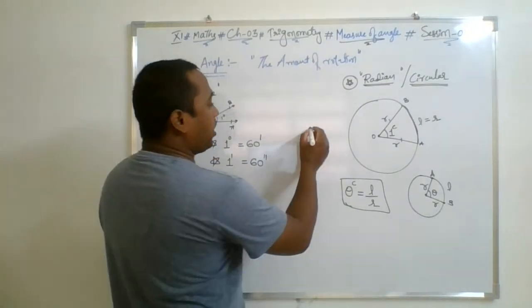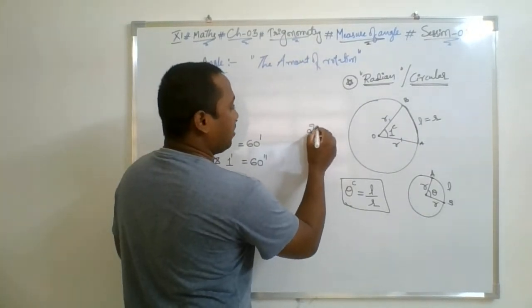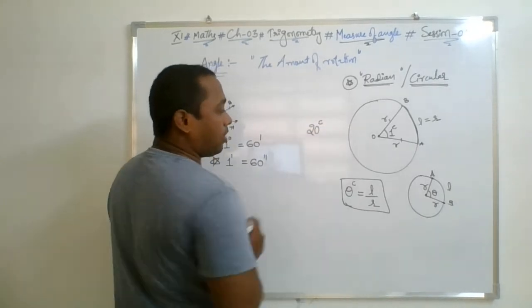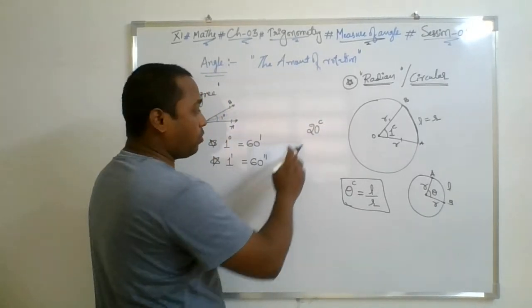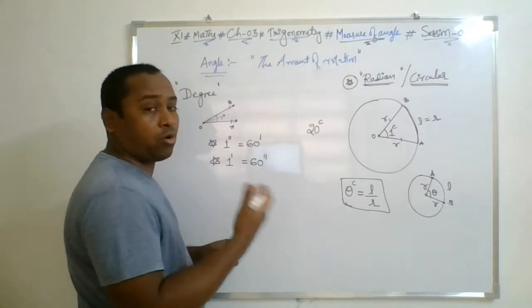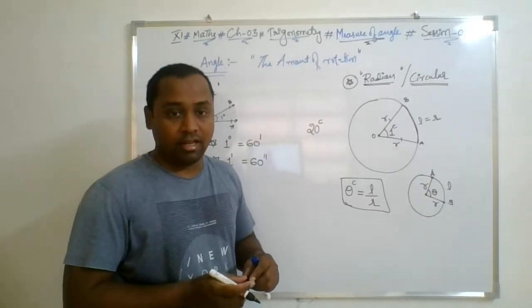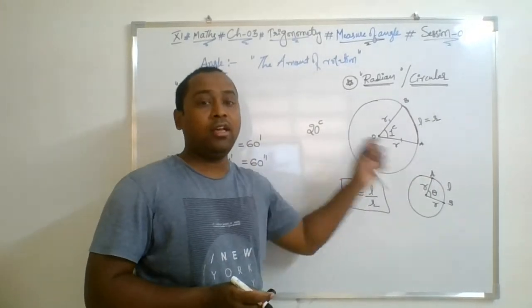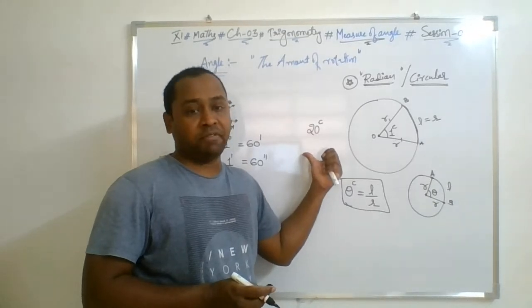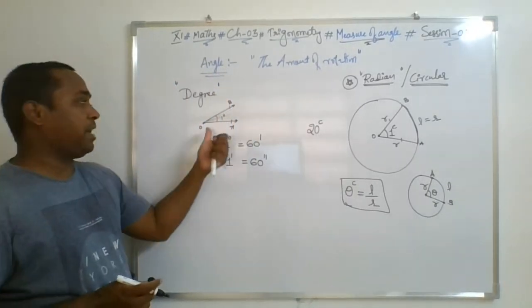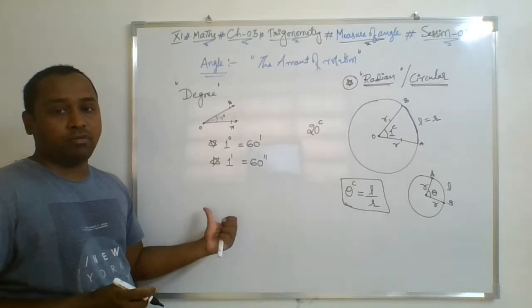Let us say I want to write 20 radians, the angle subtended by the arc at the center of the circle. When I write 20 radian, I am talking about the circular measure. That is, in a circle only this type of angles are defined, and this angle may be defined anywhere. It is a universal one.